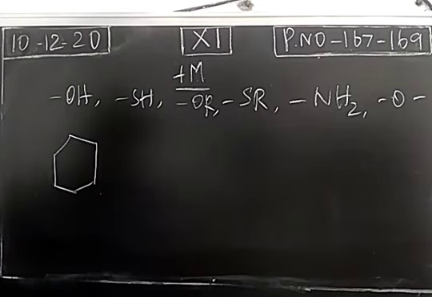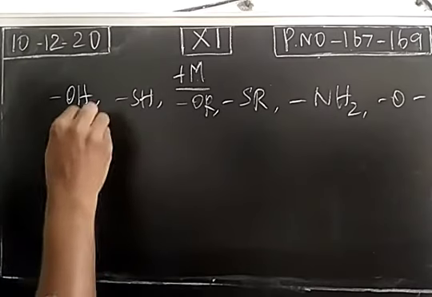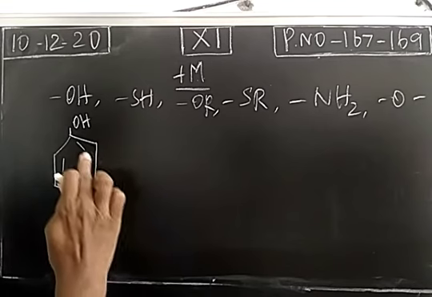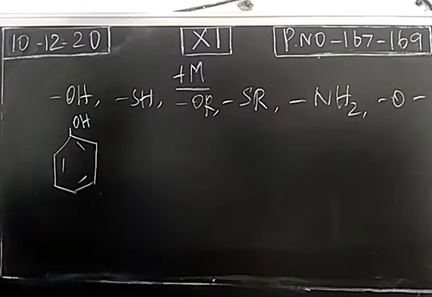We consider phenol. The alcoholic group is an electron releasing group. So in a conjugated system, we have an electron releasing group as a substituent. Alternate single bond, double bond is present. So this is a conjugated system with the substituent electron releasing group OH.